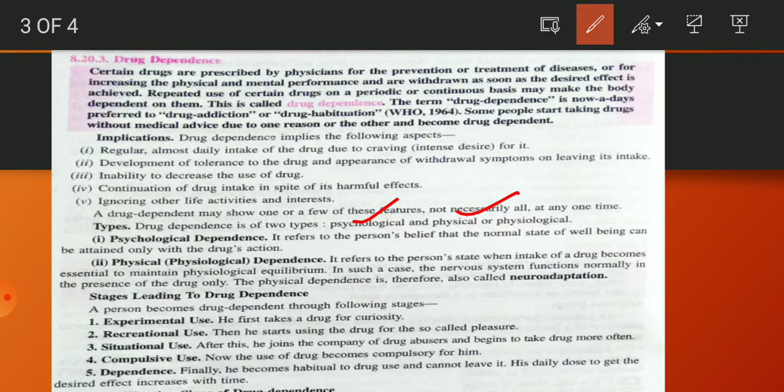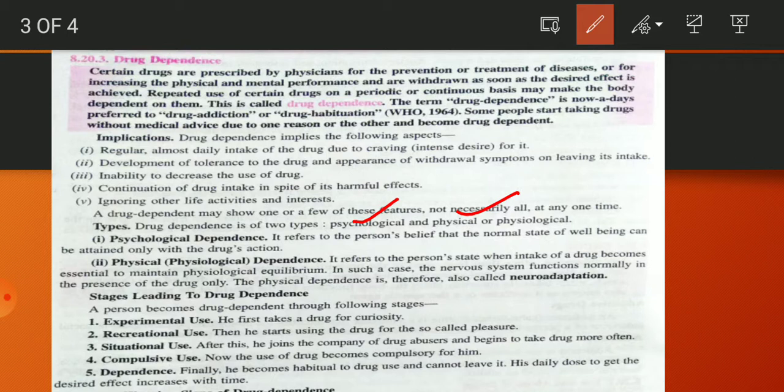It refers to the person's belief that the normal state of well-being can be attained only with the drug's action. Psychologically, whenever we give some situation to our brain, the brain acts accordingly.